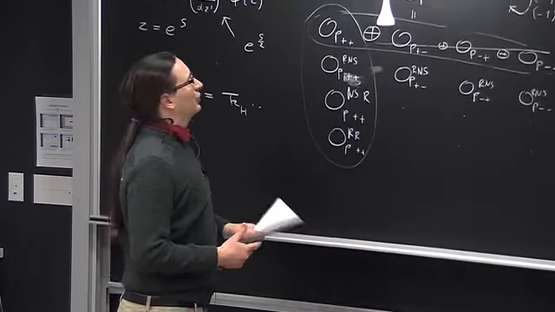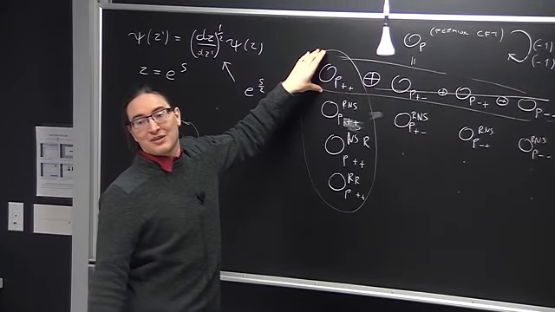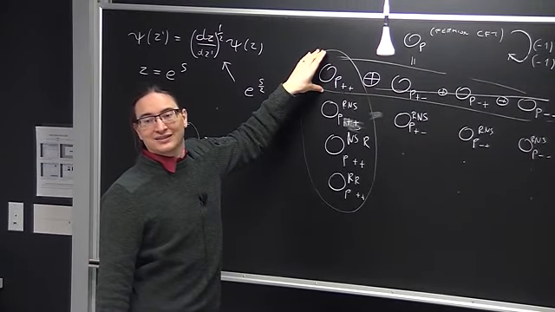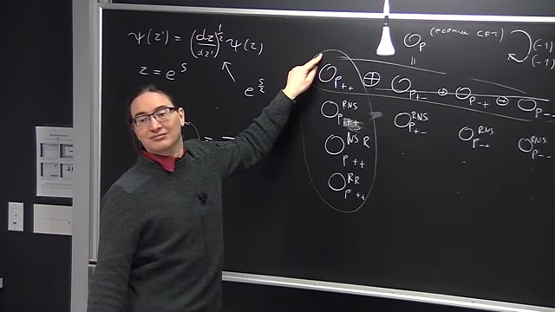In the case of the worldvolume theory for superstrings, the theory of fermions requires a spin structure, so I don't quite like it. This theory does not require a spin structure, so I like it more.